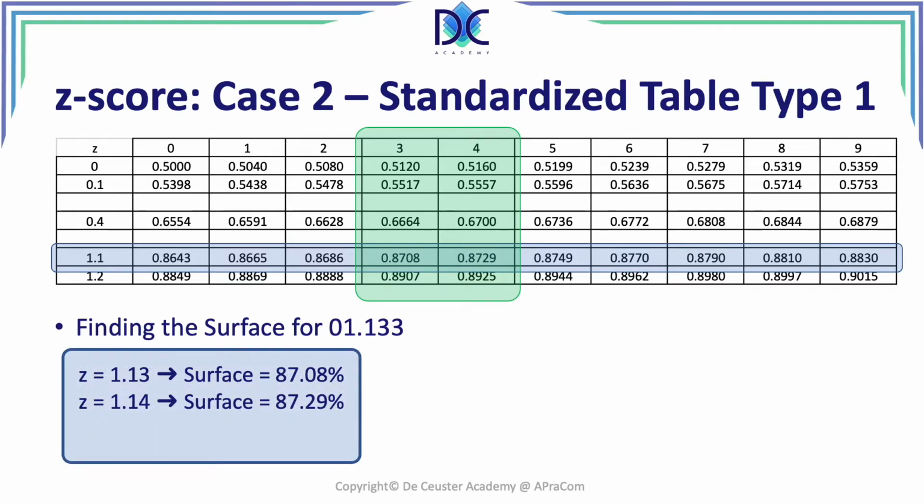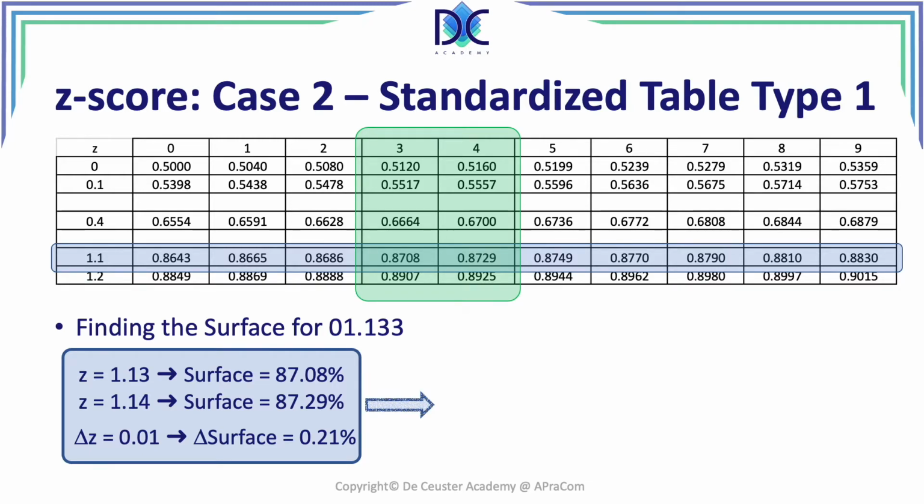Basically, I see that for a Z value equal to 1.13, the surface is 87.08%. For a Z value of 1.14, the surface is 87.29%. And we see that for a difference of 0.01, the difference between 1.13 and 1.14, we have 0.21%.